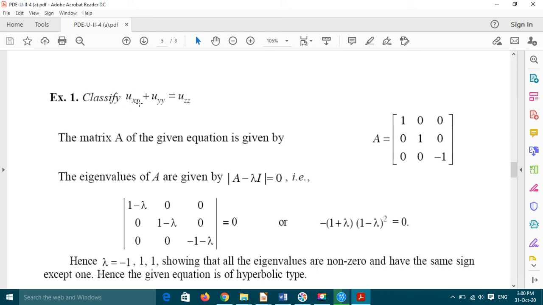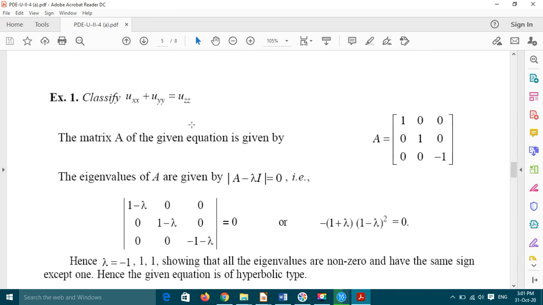Classify u_xx plus u_yy is equal to u_zz, the second order partial derivatives of u with respect to x, y, and z. So the matrix A of the given equation has 1, 1, and minus 1 on the diagonal, and all other entries are 0.